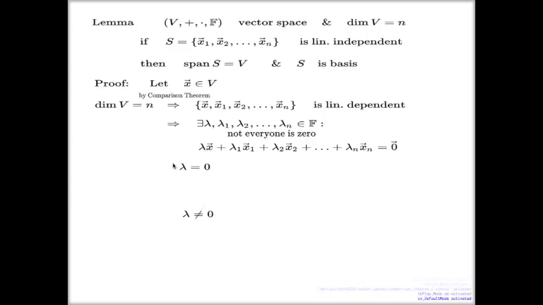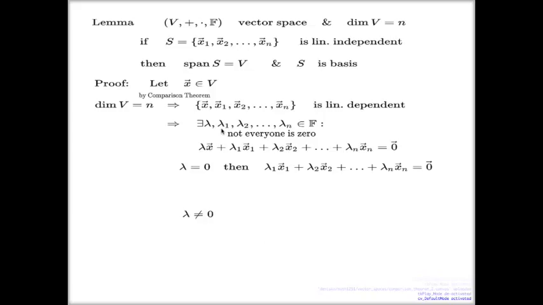Let's focus first on the possibility that lambda is 0. If lambda is 0, this term vanishes. So the whole expression becomes a shorter expression like this. And in relation to the shorter equation, this claim still stands, right? Originally we knew that among my n plus 1 coefficients, not every one is 0.